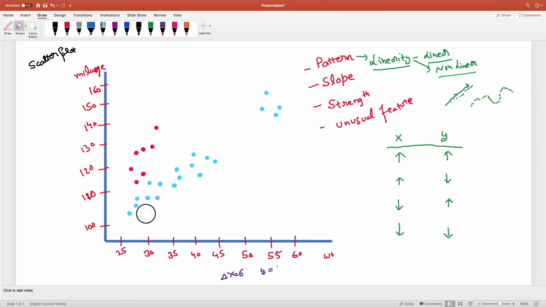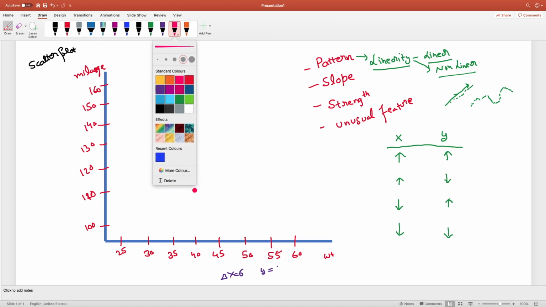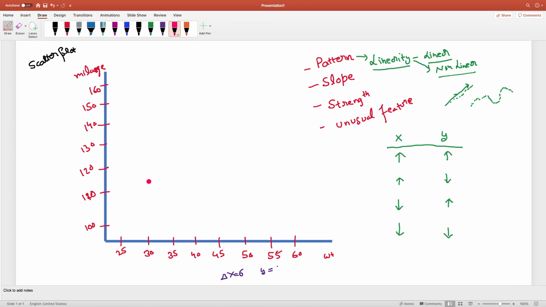So let's delete this whole stuff. Now what does it mean to have a high slope, or the strength of the slope? So say one slope is something like this. One slope is something like this.